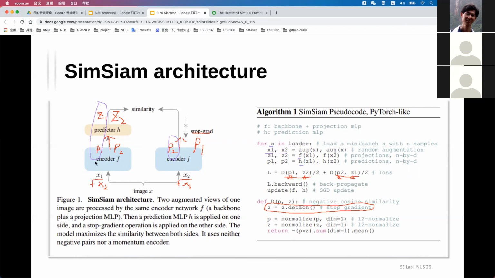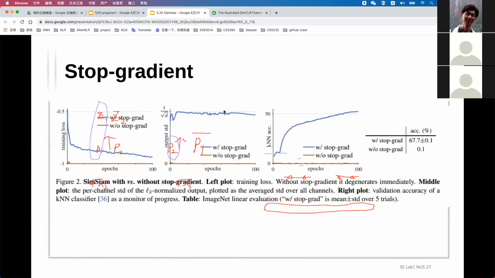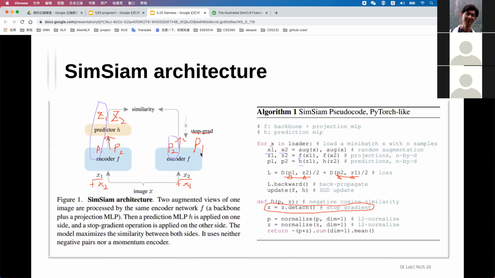You can see that for the first round, the X1 gets the P1 and the Z1, and for the other encoder, it gets the P2. So they compare the Z1 and the P2 here.